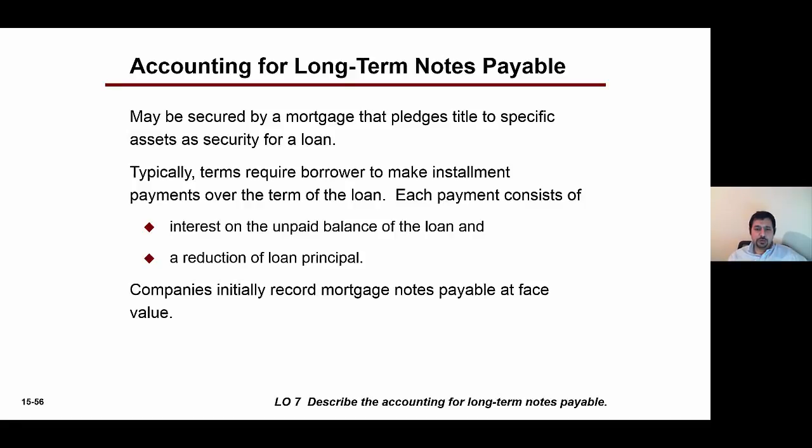The lender, the creditor, in order to secure that they will receive the money, would require the borrower to pay in installments. And here they will be paying, like I said, part of the principal or the original loan and part of the interest. This is to reduce the principal and at the same time pay interest.